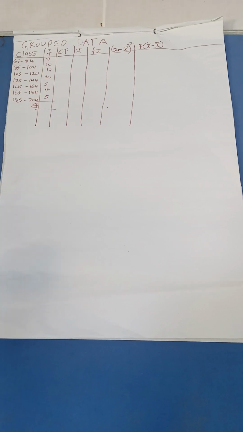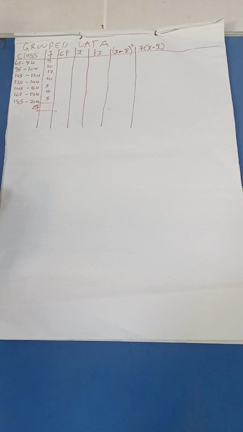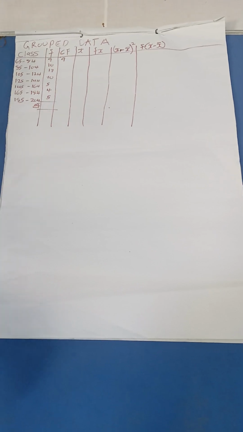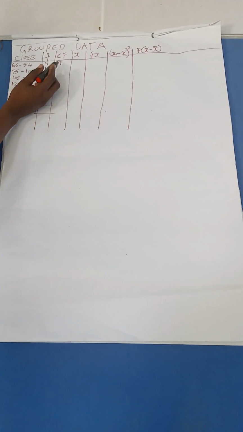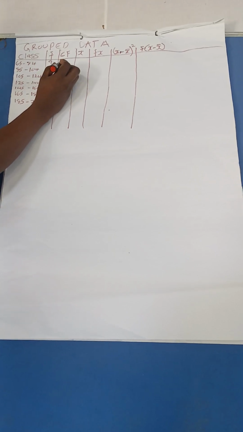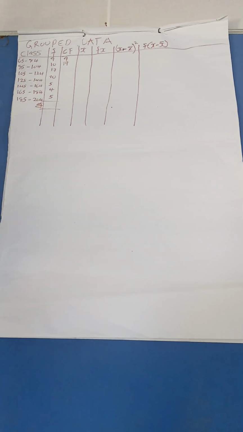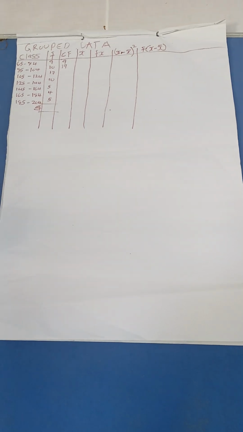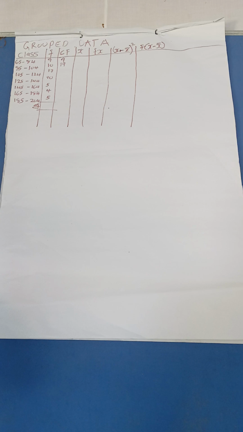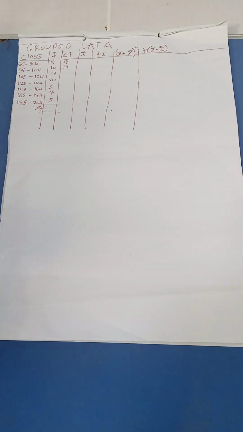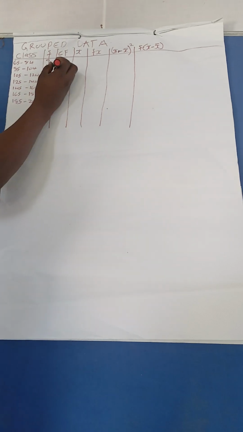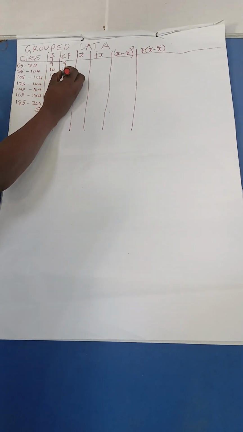Now the cumulative frequency. To get cumulative frequency is very easy. The first value of frequency, put it here as 9. Then the second value will be 9 plus 10, which is 19. Then 19 plus 17 is 36.